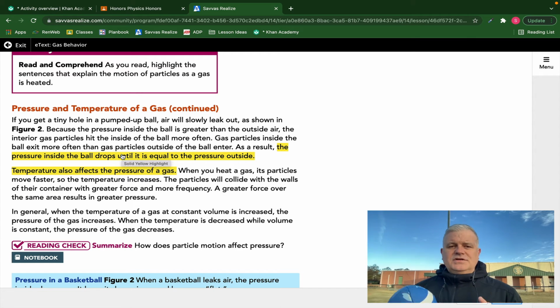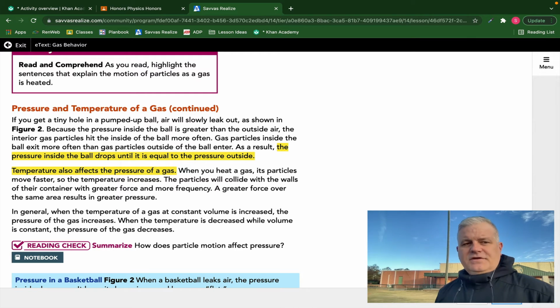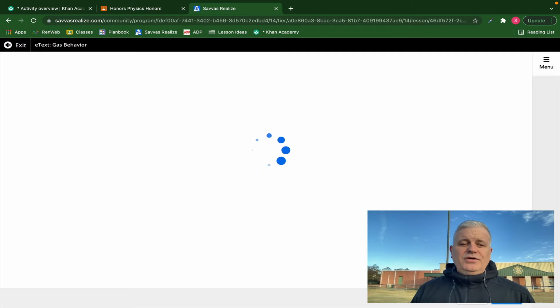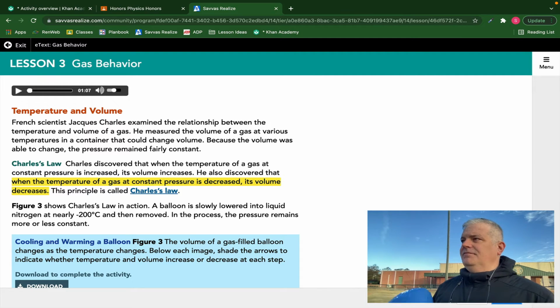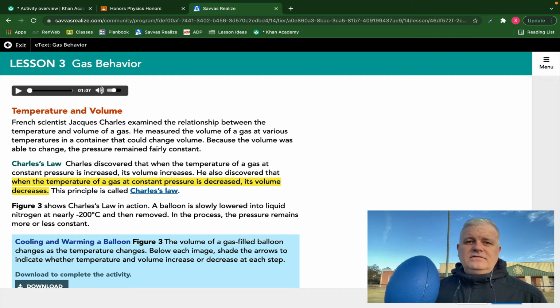And that leads us to our two big gas laws that I wanted to talk to you about today. Number one is Charles' Law. And we're going to talk about Jacques Charles when we get back. He's a French guy, a very important principle in physics and in physical science and chemistry. But Charles' Law says when the temperature of a gas at a constant pressure is decreased, the volume decreases.